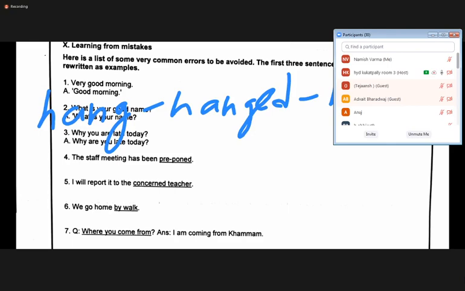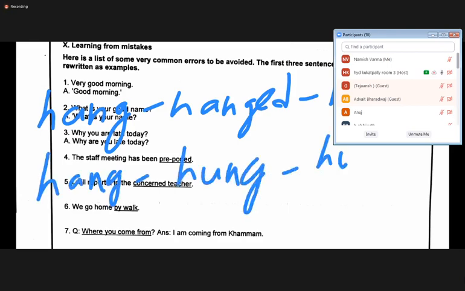So hanged is used for persons. If it is a thing, the conjugation of hang is hang, hung, hung. Here, his coat is a thing. That is why he has hung his coat on a nail.